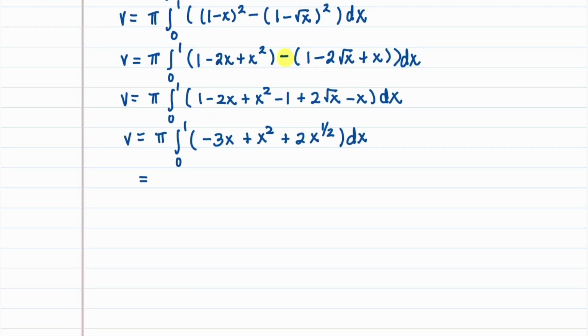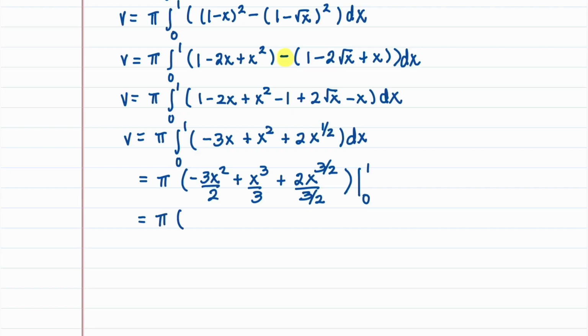Now let's go ahead and do our integration. This is pi times minus 3 x squared divided by 2 plus x cubed divided by 3 plus 2x to the 3/2, all divided by 3/2, and we're integrating from 0 to 1.